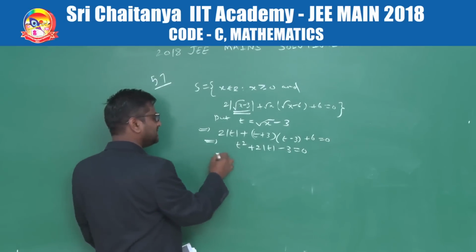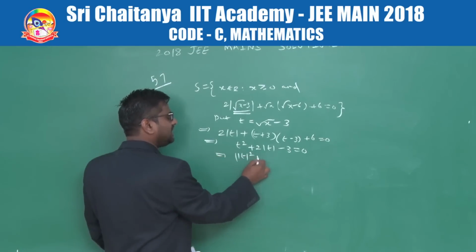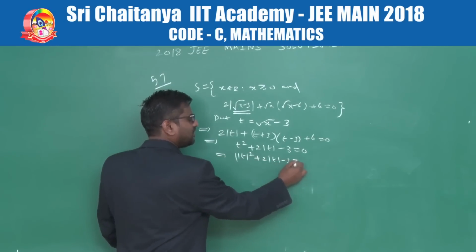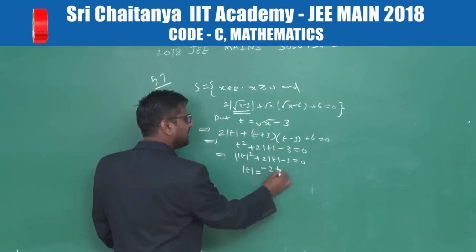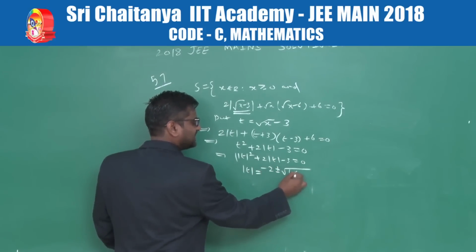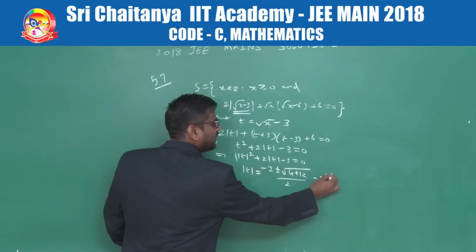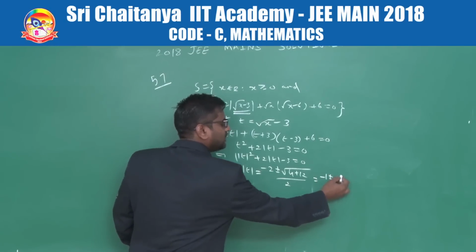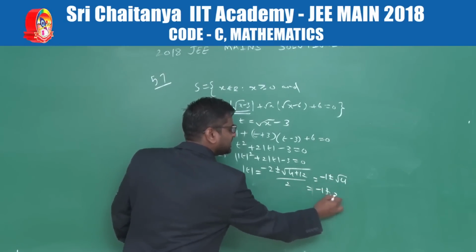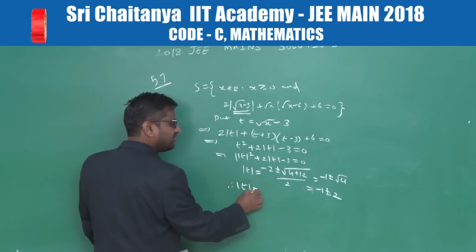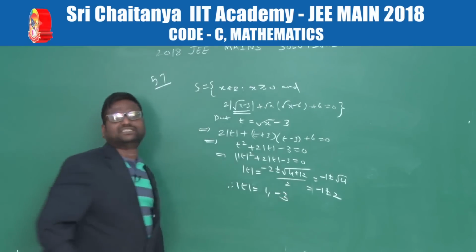Now, as you can see, this is a quadratic equation in mod t, whose roots are mod t = (-b plus or minus root of b square - 4ac) by 2a, that is, root 4, so -1 plus or minus 2. Therefore we get mod t equal to 1, -3.